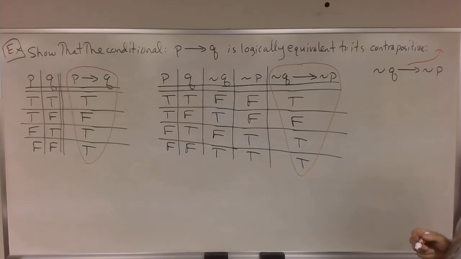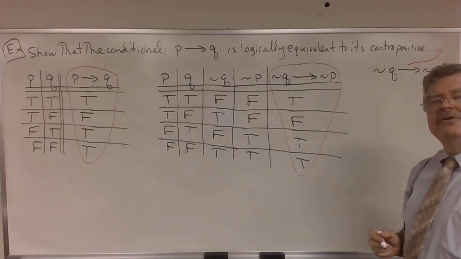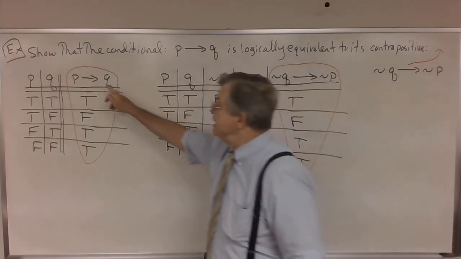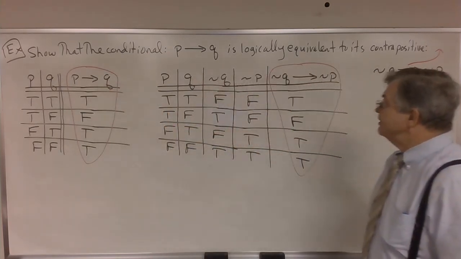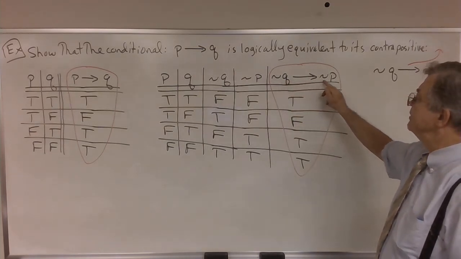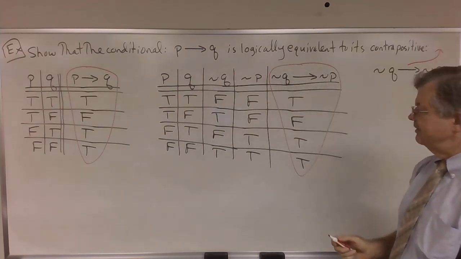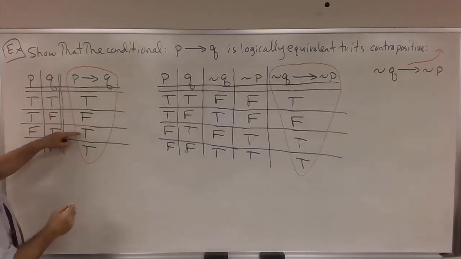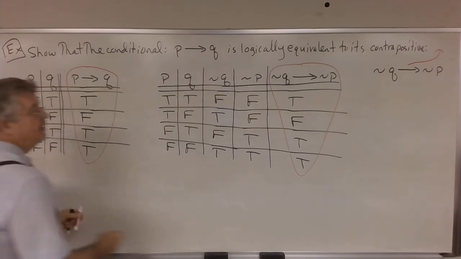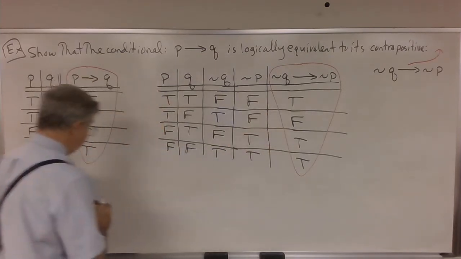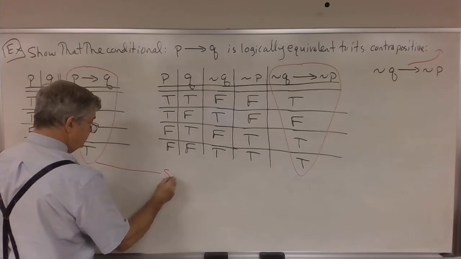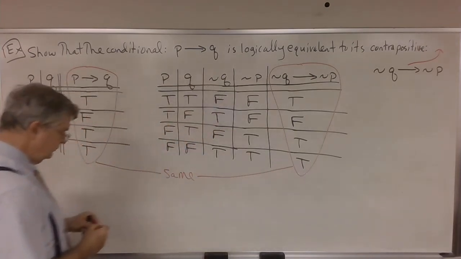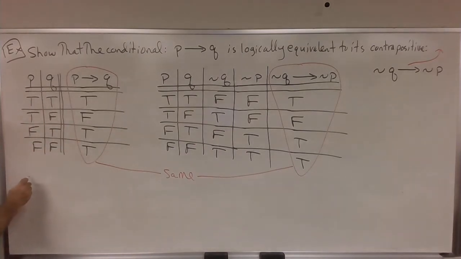Now, my whole purpose in creating these two truth tables was to show that the statement P implies Q and its contrapositive, not Q implies not P, have the same truth values. And I'll be a son of a gun. True, false, true, true. True, false, true, true. They're the same. So I'll sum it up.